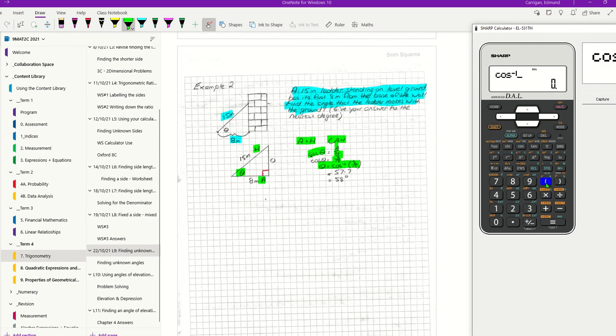I'm going to put my bracket up there, 8 over 15, close my bracket. Equals 57.76, 57.7 to the nearest degree is 58 degrees.